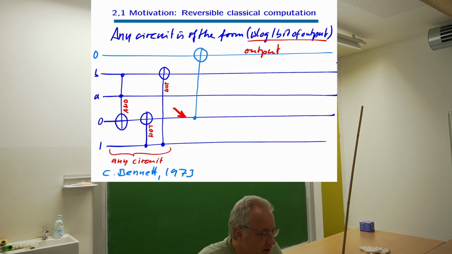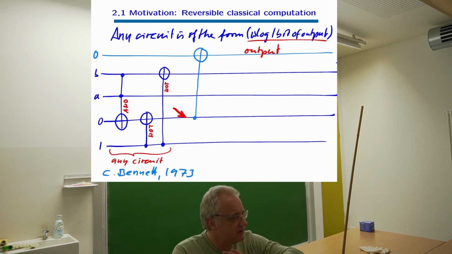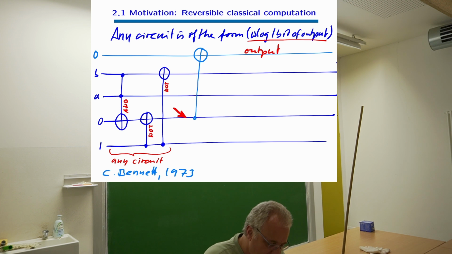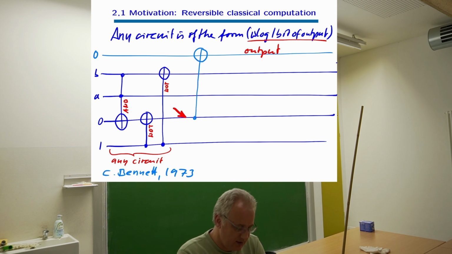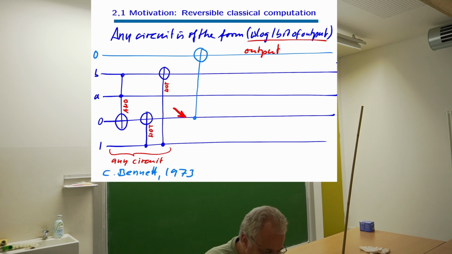So far, I think this covers the discussion that we had. So we have our bit of output now, but we also have all this junk lying around. And so that was now Bennett's idea. When you see it, it is not very complicated, but that's hindsight. You still would have to have had this idea in the first place.